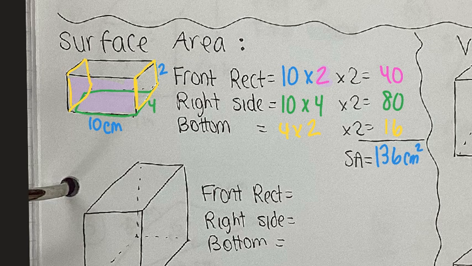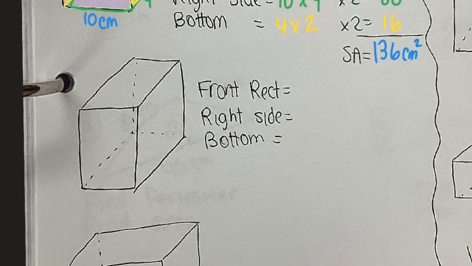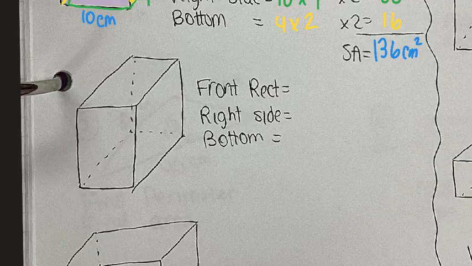Okay, copy all that down. Here we go, our next example. I'm going to tell you that this number is going to be 6, this number is going to be 12, and this number is going to be 11. They're all going to be centimeters. Okay, so front rectangle.